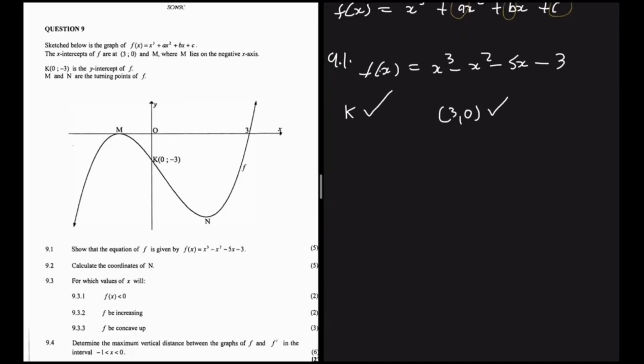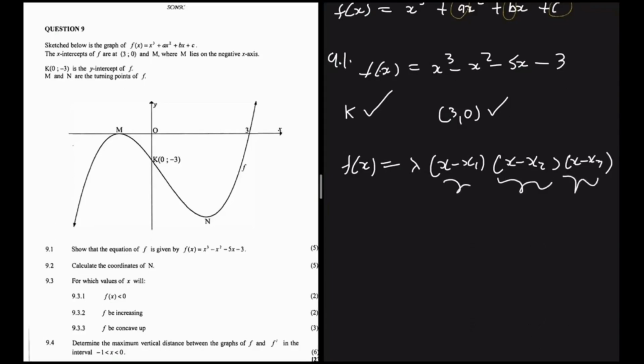The other way of solving a quadratic or a cubic function, you can say that f of x equals some constant multiplied by x minus x1, x minus x2, and then x minus x3. These 3 points being our intercepts, right?